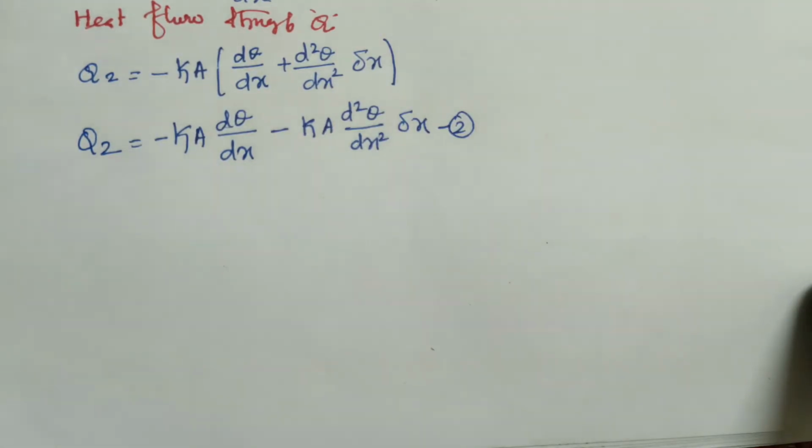Now the net heat gained by the element del x in 1 second. நம்ம அந்த small portion del x ன்ற area வில் எவ்வளோ heat gain ஆக இருக்குது அப்படின்றத find பண்ண போகிறோம்.